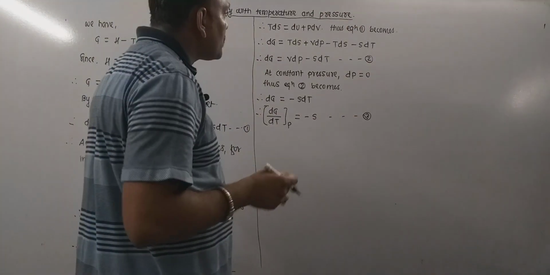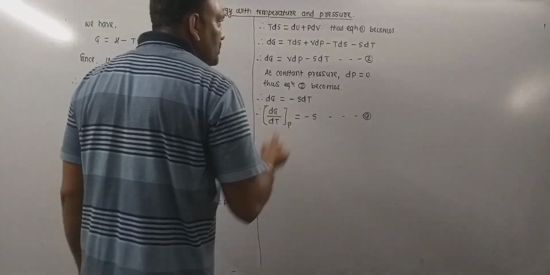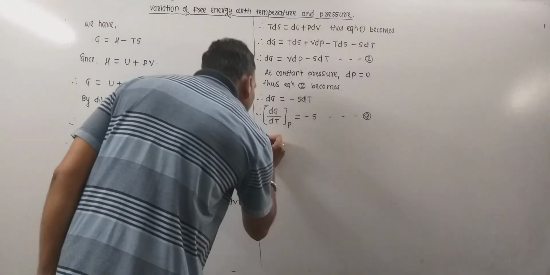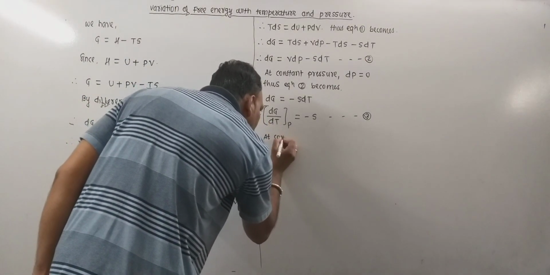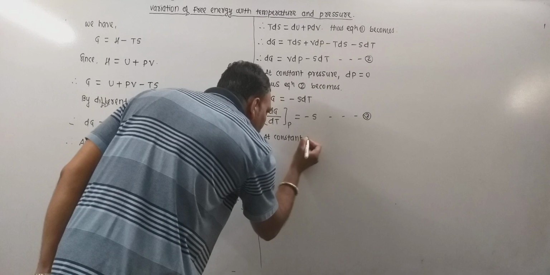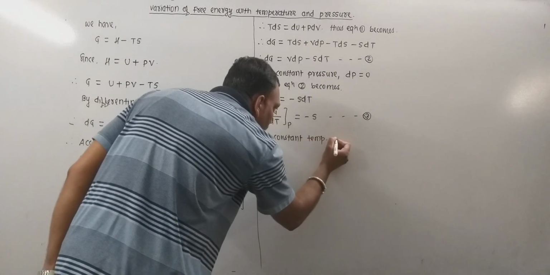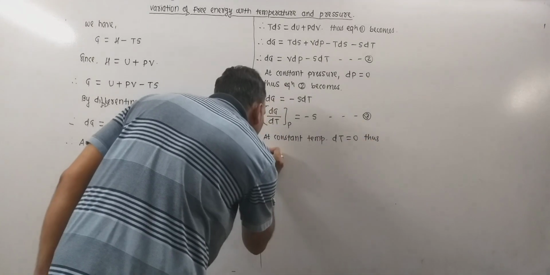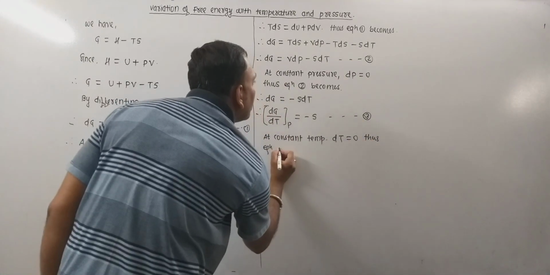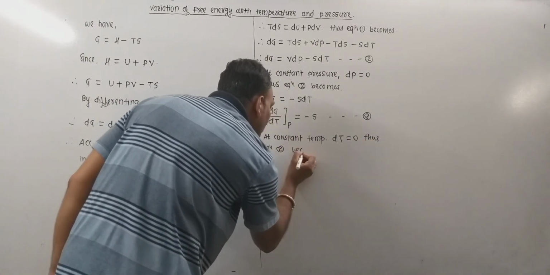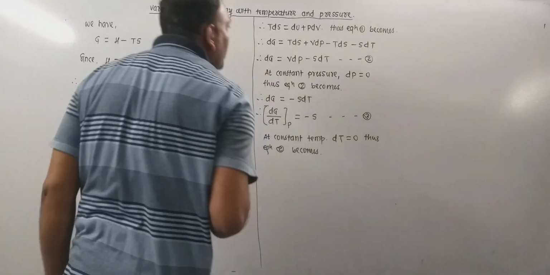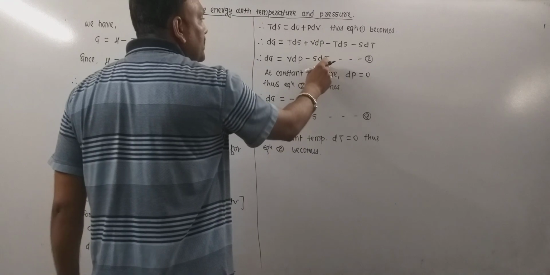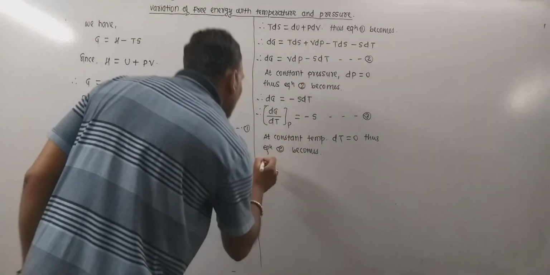And at constant temperature, change in temperature becomes 0. So this is another thing to be considered. At constant temperature dT equals 0. Thus equation 2 becomes, now at constant temperature dT is 0, so SdT becomes 0.